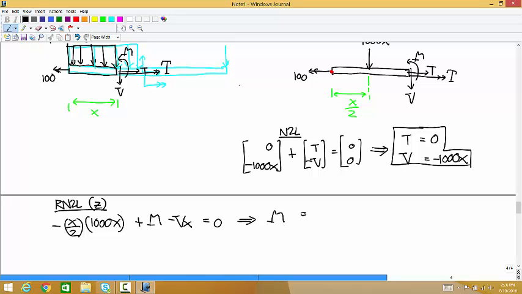So m is equal to 500x squared plus vx, so that's negative 500x squared.